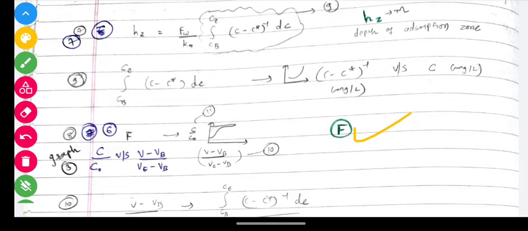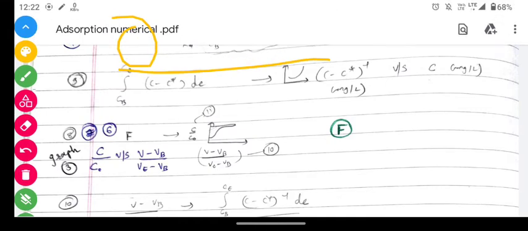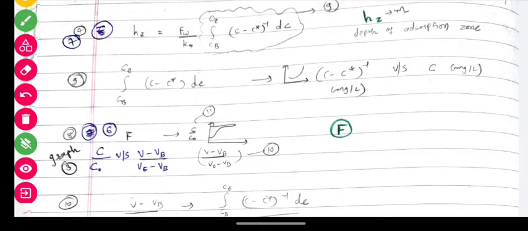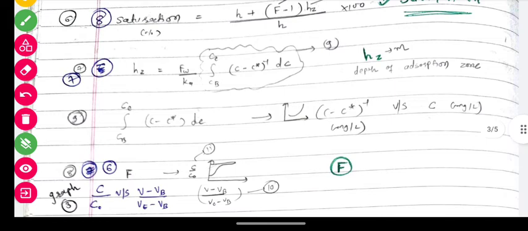So once you got the F, the 7th step is your HZ, the height or depth of the adsorption zone. FW you know, KA you know, and the area you have calculated from the table, graph 2.